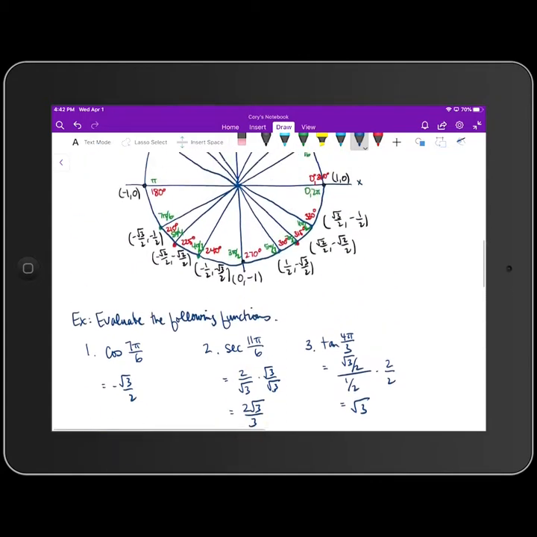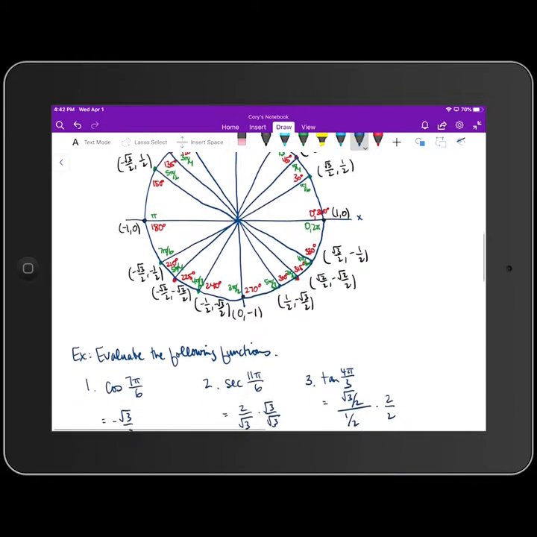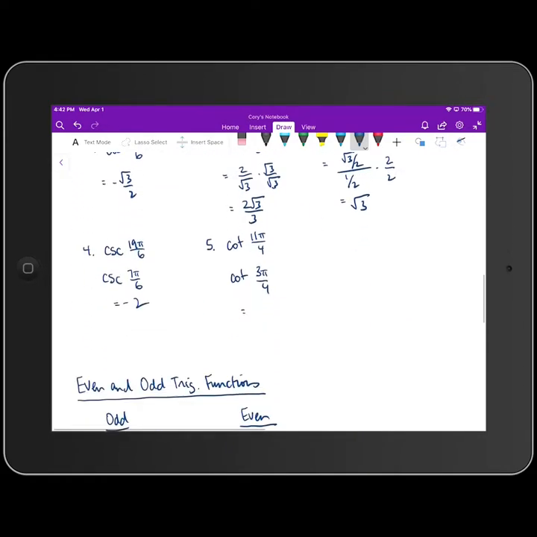So we go over to 3 pi over 4, which is the angle in quadrant 2. Cotangent is x divided by y. So if we take the x-coordinate and divide it by the y-coordinate, that's negative rad 2 over 2 divided by rad 2 over 2, which winds up becoming negative 1.